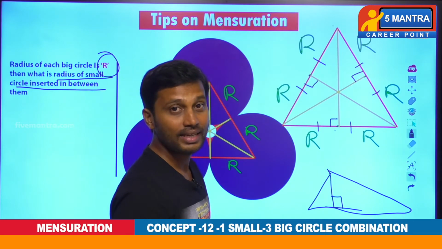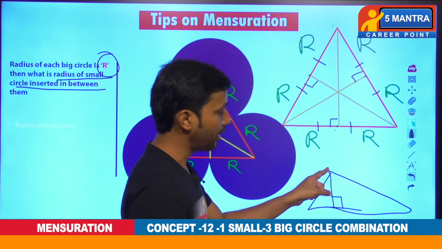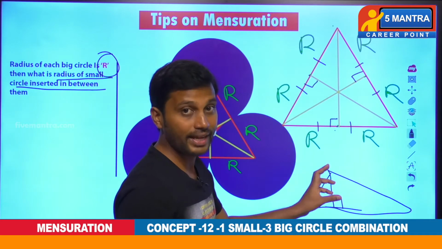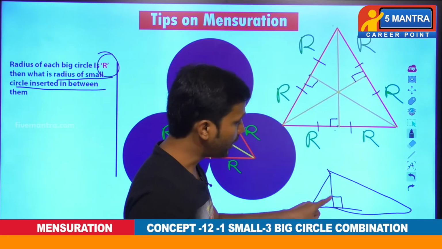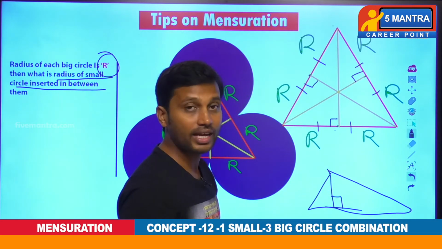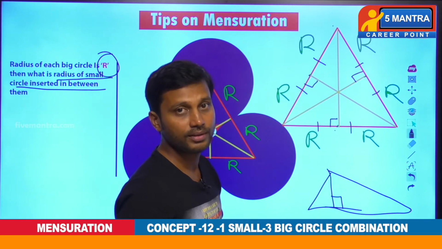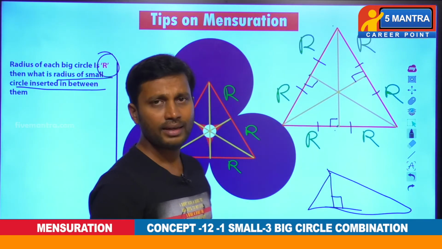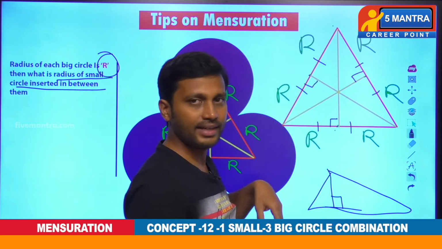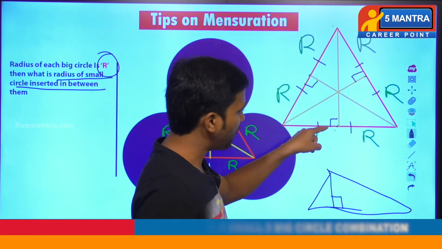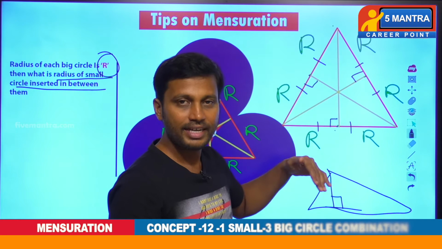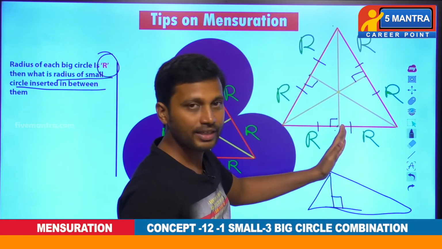Not just any line, the perpendicular drawn from the vertex to the opposite side is called the height or altitude. In this case, what happened? Here the median is also this line, and hence it is perpendicular to the side. It's also an altitude, it's also the height.